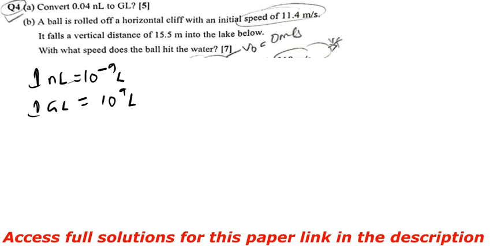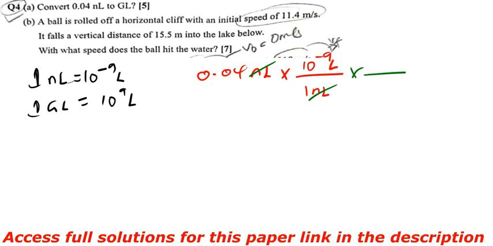What I'm trying to tell you is we can use dimension analysis to say 0.04 nanoliter. So now I come first from nanoliter to liter. In 1 nanoliter, I have got 10 raised to the power negative 9 liters. So now I can clearly see that nanoliter and nanoliter will cancel. I have got now liters. Okay, so now we are coming from liters to gigaliter.